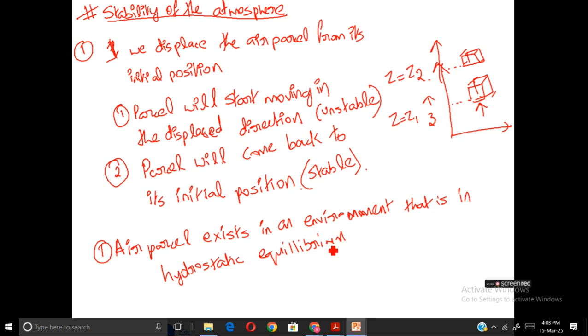Hydrostatic equilibrium means the equation dp by dz is equal to minus rho g will be followed by the air parcel.